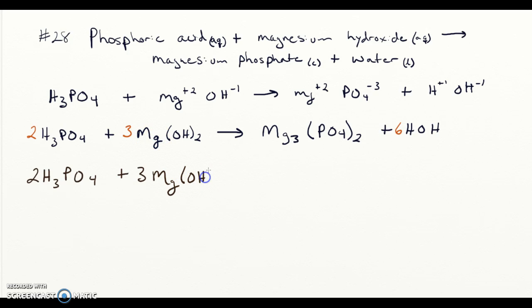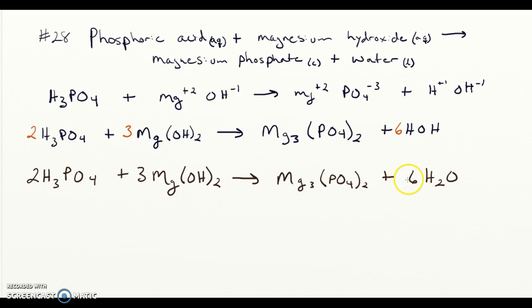Here it is. So how it reads so far is 2 moles of phosphoric acid plus 3 moles of magnesium hydroxide yields 1 mole of magnesium phosphate plus 6 moles of water. And you can write it out this other way after it's all done if you'd like to do it that way.